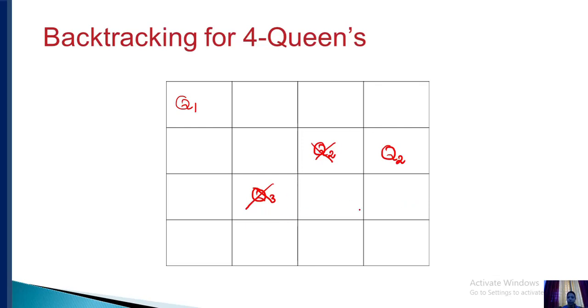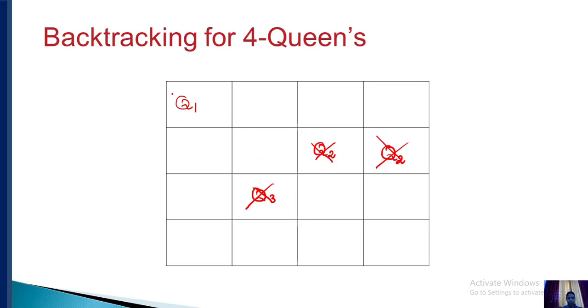So we do the backtracking again and go to the second queen. If you see, there is no other solution for the second queen to move, right? So again there is no other place to move the second queen. So we backtrack and go back to the first queen, and then we have to find the next possible or available place for Q1.